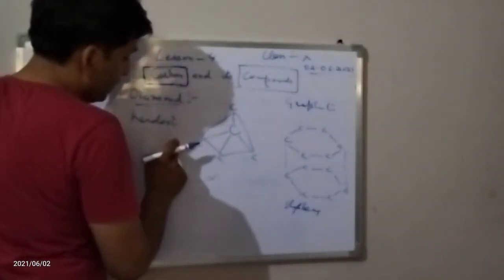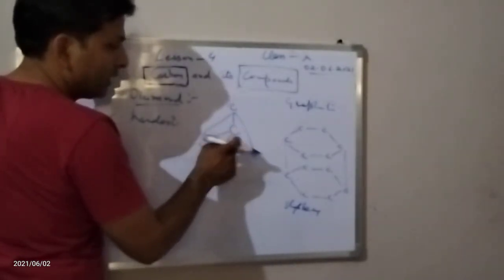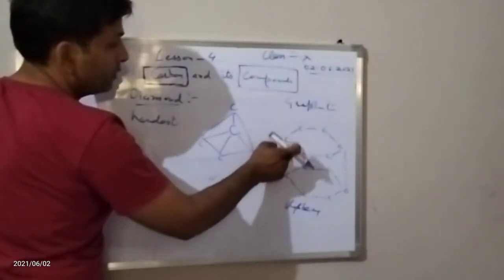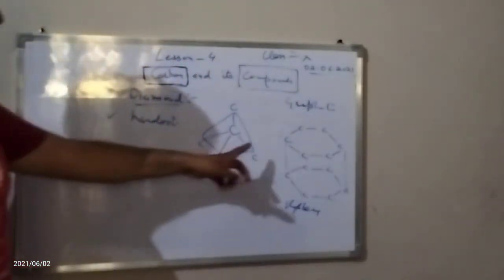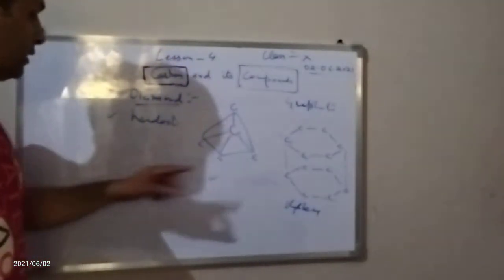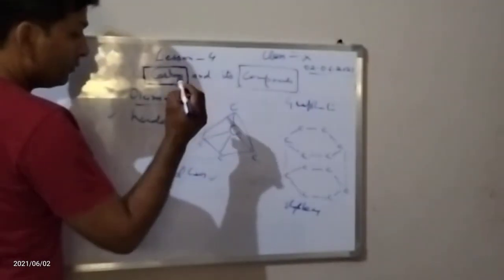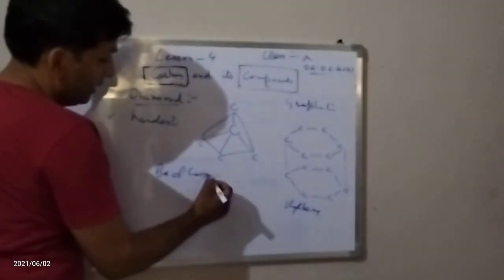In the structure of diamond, one carbon atom is bonded to four other carbon atoms. No free electron is there. It means it is a bad conductor of electricity. It is the free electrons that make something a conductor of electricity. But in the structure of graphite, one carbon atom is bonded to three other carbon atoms, leaving one free electron.